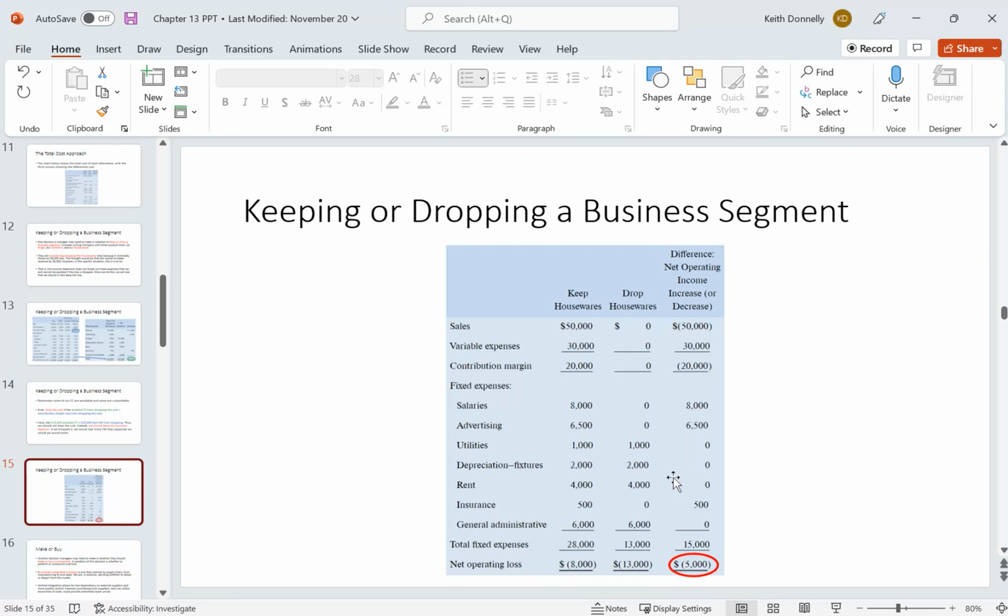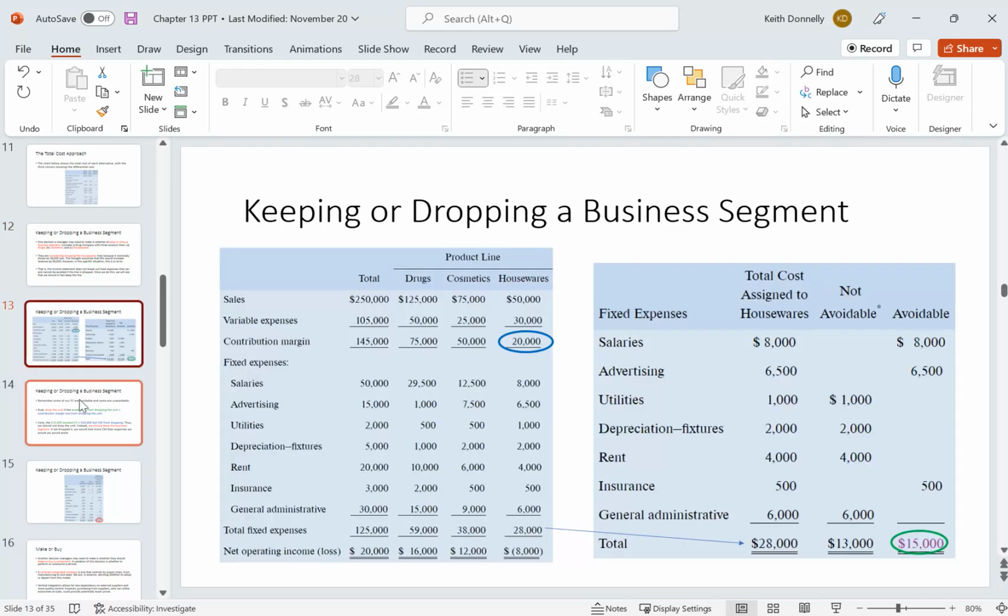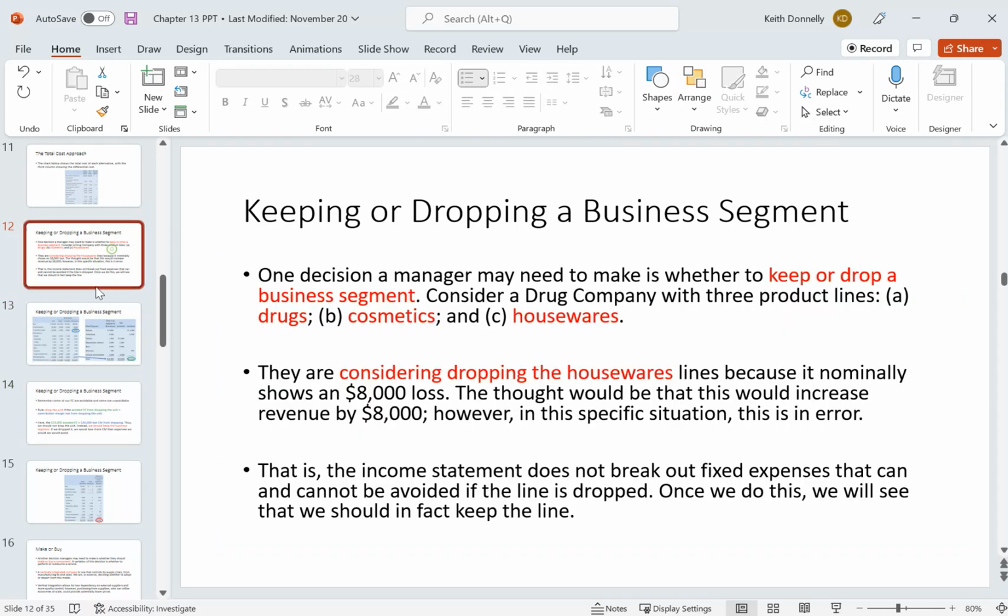So if we keep it, looks like we're going to be at an $8,000 operating loss, where we saw originally. If we drop it, we're going to be at an even worse loss, because we still have these expenses associated with it. The differential there is $5,000. So that's what it says. Let's see, where's that amount? Right, the $5,000.